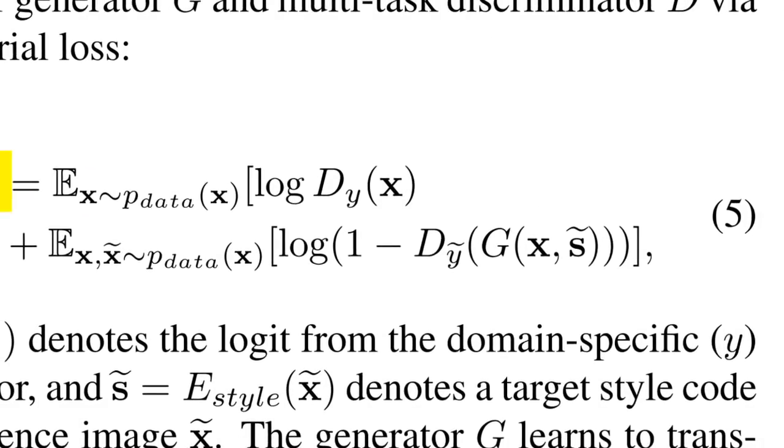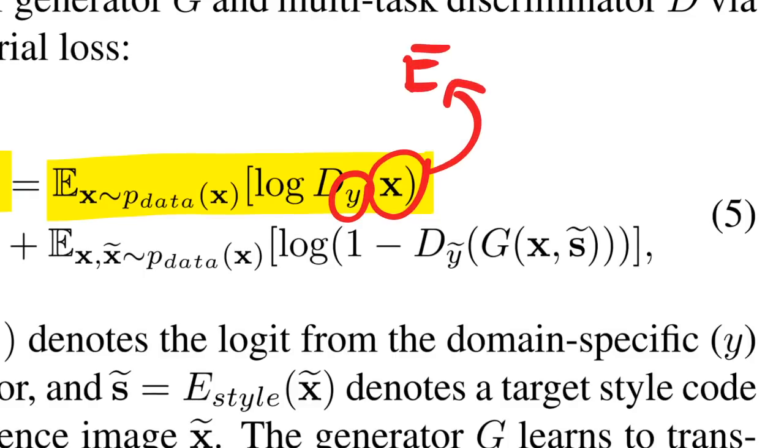So in case of a real image, and that's this line right here, it tries to distinguish, is this real or fake, based on Y, and Y is X fed to the encoder, and the encoder gives you a label. All right, and the label selects the head of the discriminator.